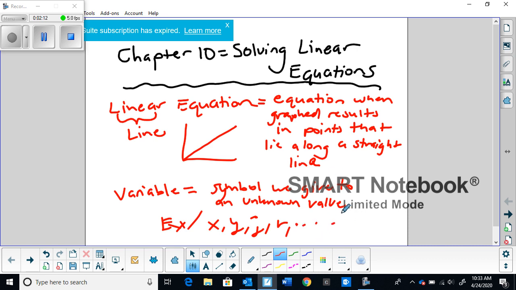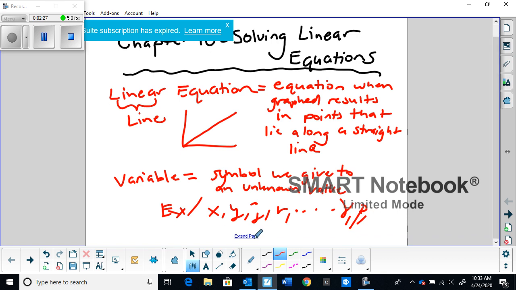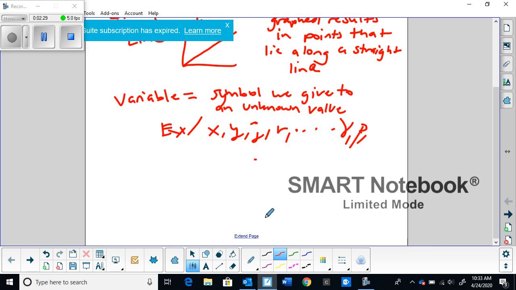Once you run out of letters, it can be that symbol, it can be this symbol, right? It can be anything really. We use a bunch of symbols to represent a value that we don't know. So it's kind of a placeholder, right? We're putting that value in.